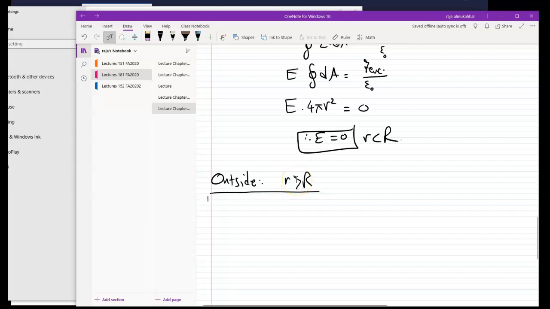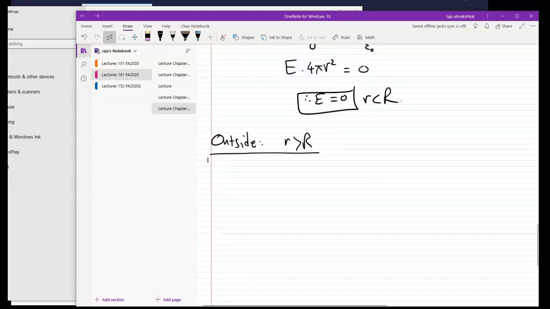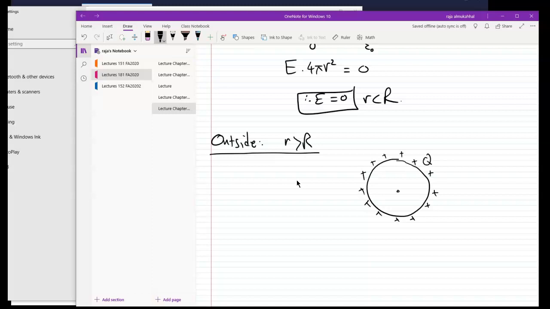So let me redraw the same sphere that we're dealing with. Here it is. It's a conducting sphere, so the charges accumulate on the surface. The big charge here is Q, and the radius of the sphere is big R. The first thing I need to do is draw a Gaussian surface.